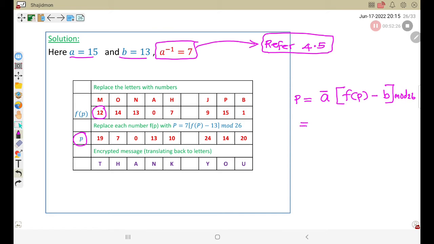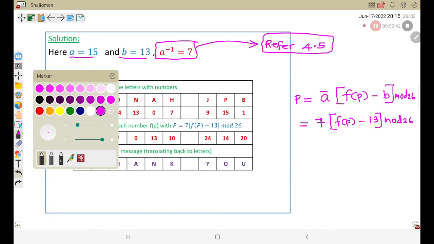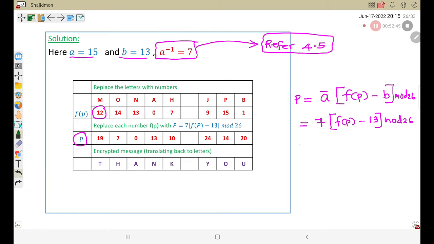So A inverse is 7, A bar, that means the inverse. 7 multiply f of p minus 13, mod 26, as usual. Now for example, the first number is 12. So what will we write? 7 multiply 12 minus 13, mod 26.